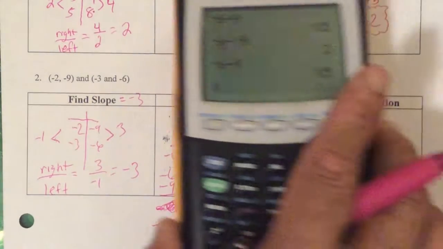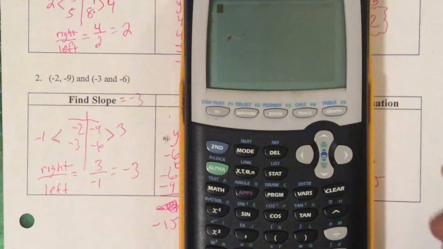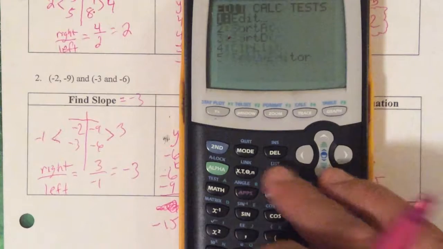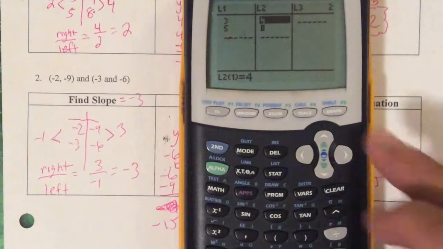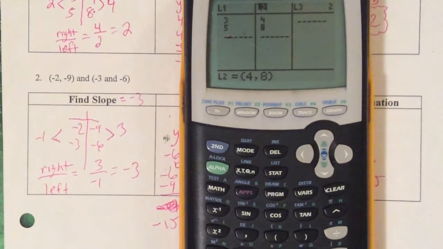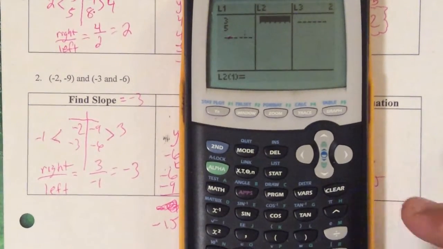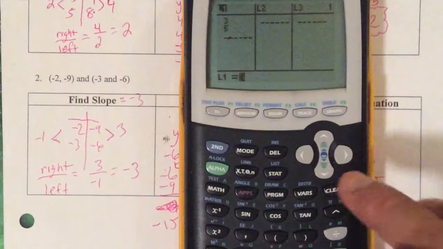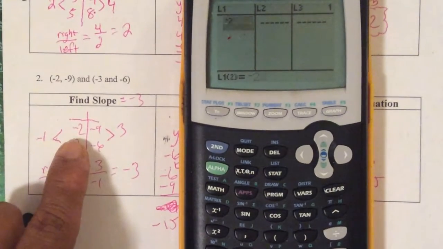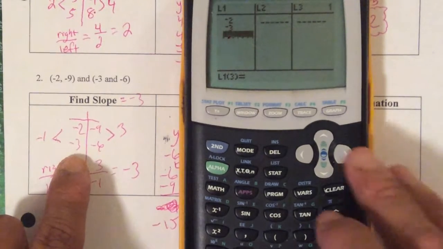Now, let's use our calculator to see if we get the same answer. So, go to Stat, Edit. Remember to clear your table, you got to scroll up to L1 or L2, click Clear, Enter, and then Clear, Enter. Now, the left side will be -2, enter, -3, enter.